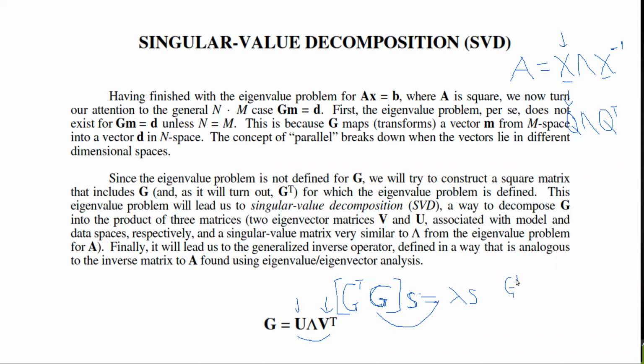G transpose G is a matrix, V is a vector, and lambda is the eigenvalue: G transpose G V equals lambda V. Now we have G. Then we can form another matrix, the minimum length matrix, which was G post-multiplied by G transpose.